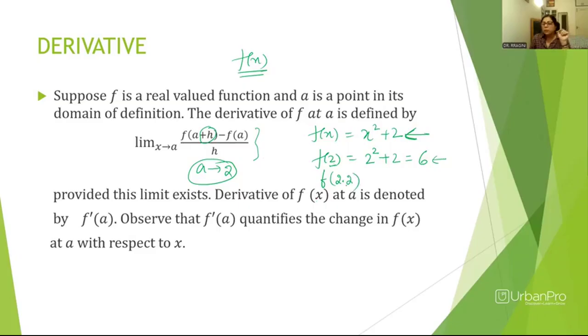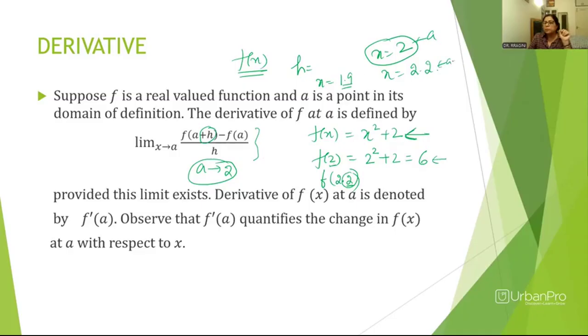I have brought about a little bit of change in the value of x. Earlier x was 2. Now x is 2.2. Right? So this is the value of h. What is h here? h is a little bit of increase or decrease. I could have taken x equal to 1.9. So earlier x was 2, that means this is a.